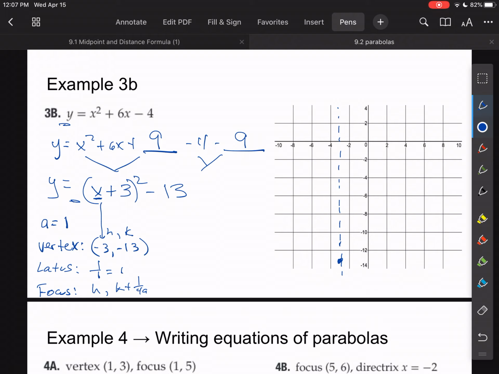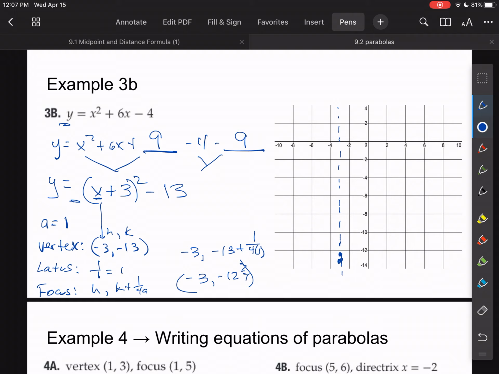So the focus will be at -3, comma, -13 plus 1 over 4 times 1, because my a value is 1. So that's -3 and then -13 plus 1/4, which is -12 3/4. So at that point, I'm going to put my focus, -12 3/4 is someplace in here.